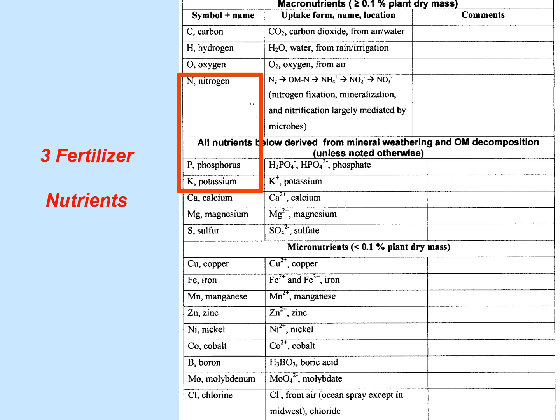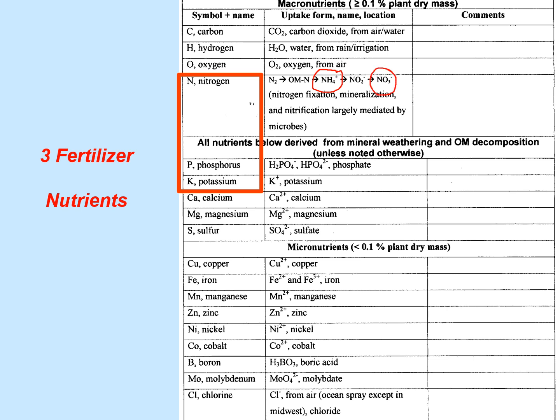So here's the table that you've seen before, and what we're looking at, of course, are our 3 fertilizer nutrients: nitrogen, phosphorus, and potassium. And I'm showing you this slide just to remind you of the forms that those nutrients are going to exist in the soil. So nitrogen will exist in one of 2 forms: ammonium, NH4+, or nitrate, NO3-.